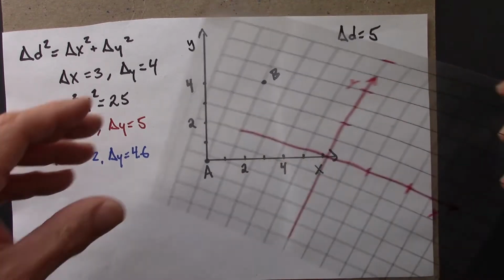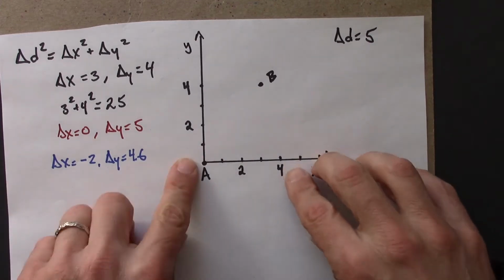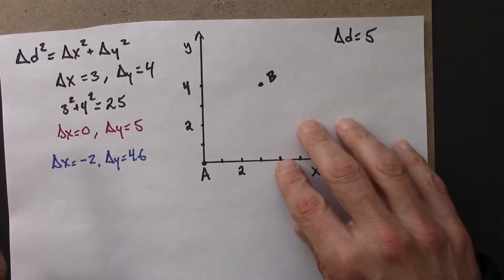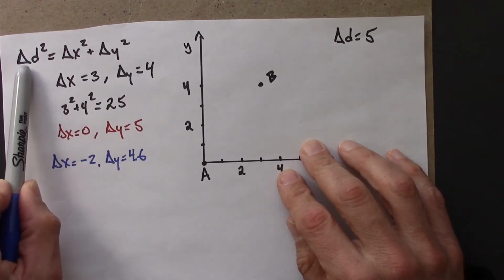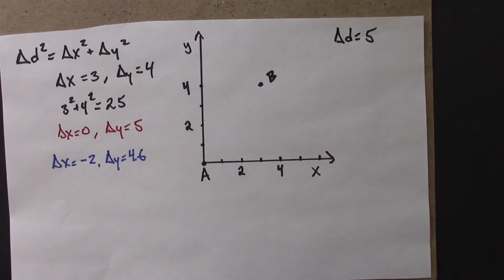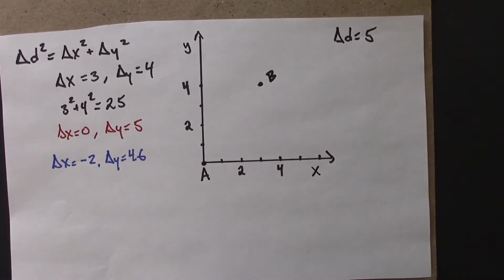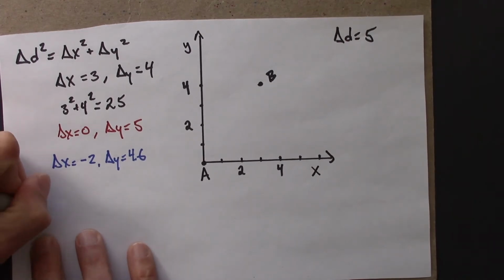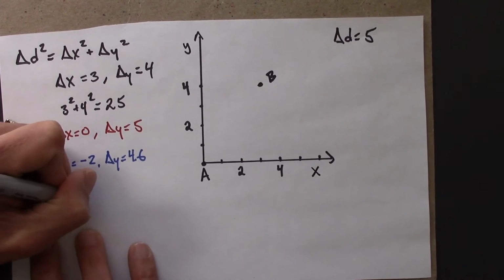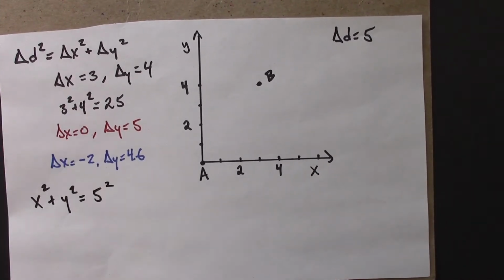All right, and so here's what I want to do next. Let's try to think about this geometrically. Another way of viewing this equation is that x squared plus y squared equals 5 squared.